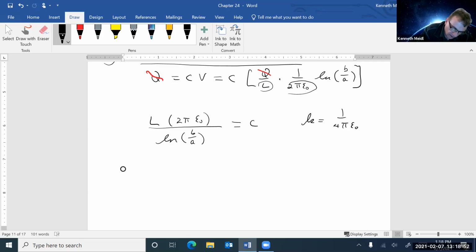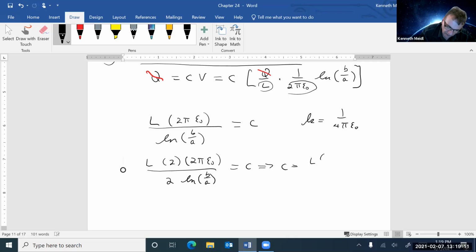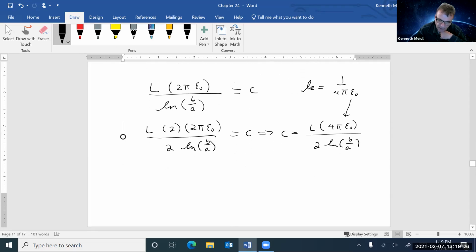And so, what I might do here, just to get it in a more familiar form, is multiply the top by 2, and then multiply the bottom by 2. And so on the top, what I have then is L, and then I've got a 4 pi epsilon 0, and on the bottom you have 2 natural log of B over A. And so that's starting to look a little bit like a K here, but not exactly, right?